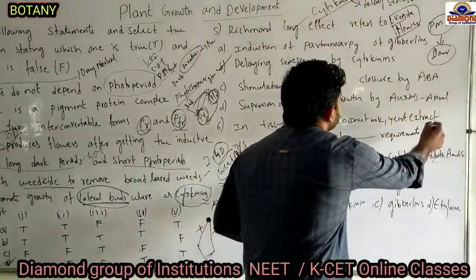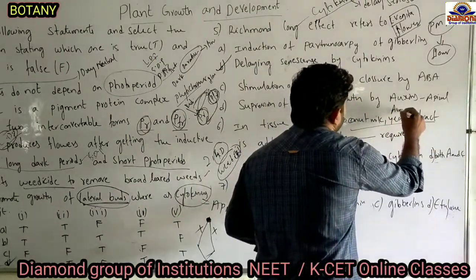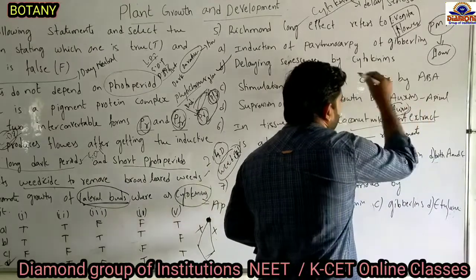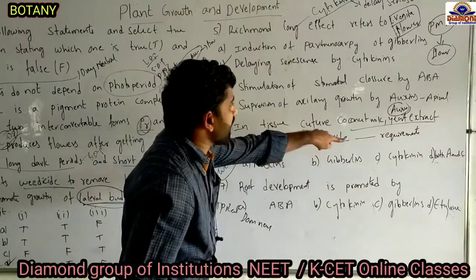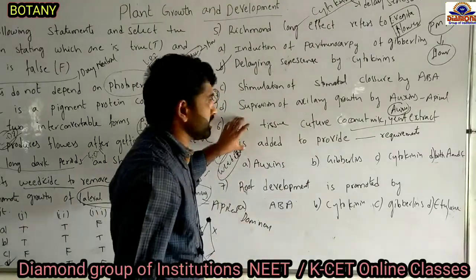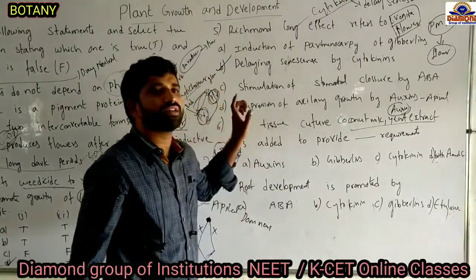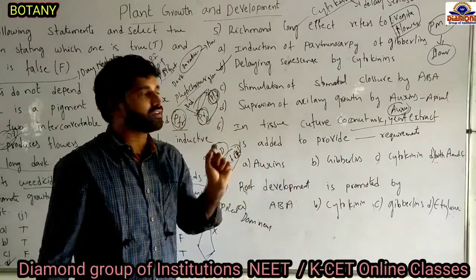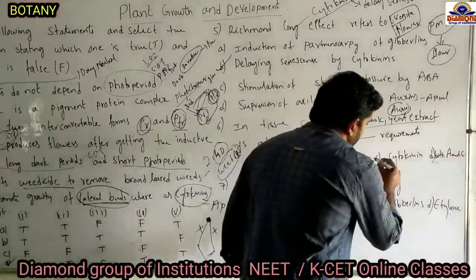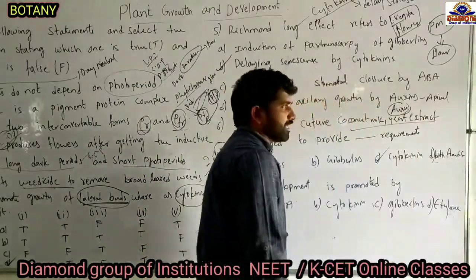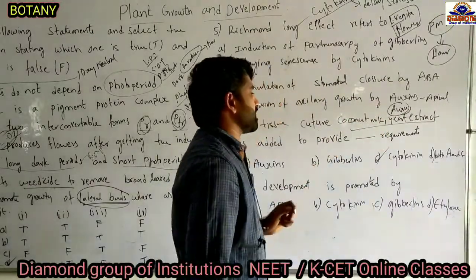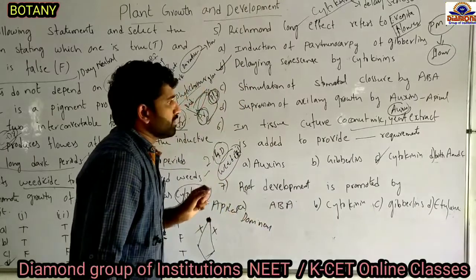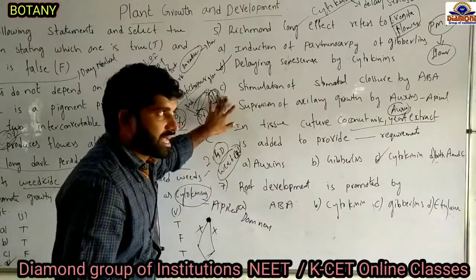This coconut milk and yeast extract contain auxins. They were added to provide the requirement of, in an experiment done by Skoog and Miller to identify one of the phytohormones, that is cytokinin.